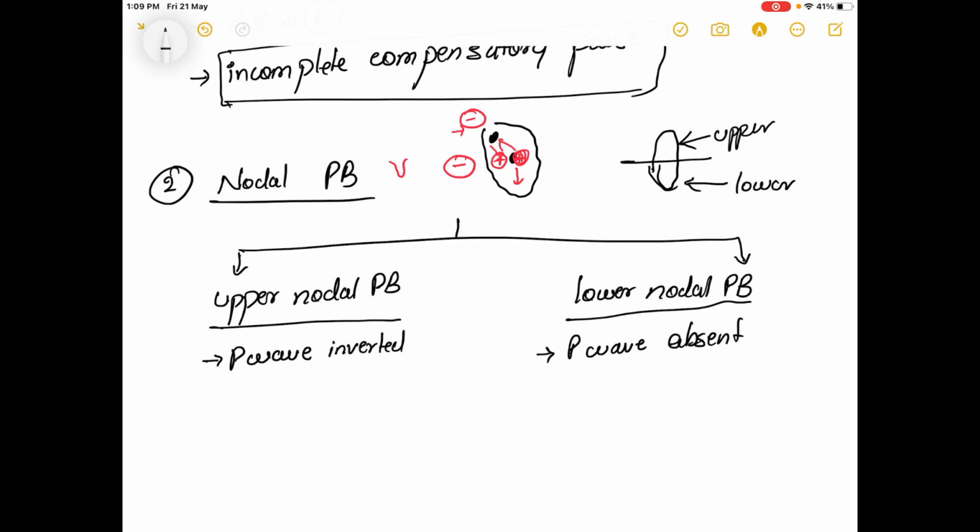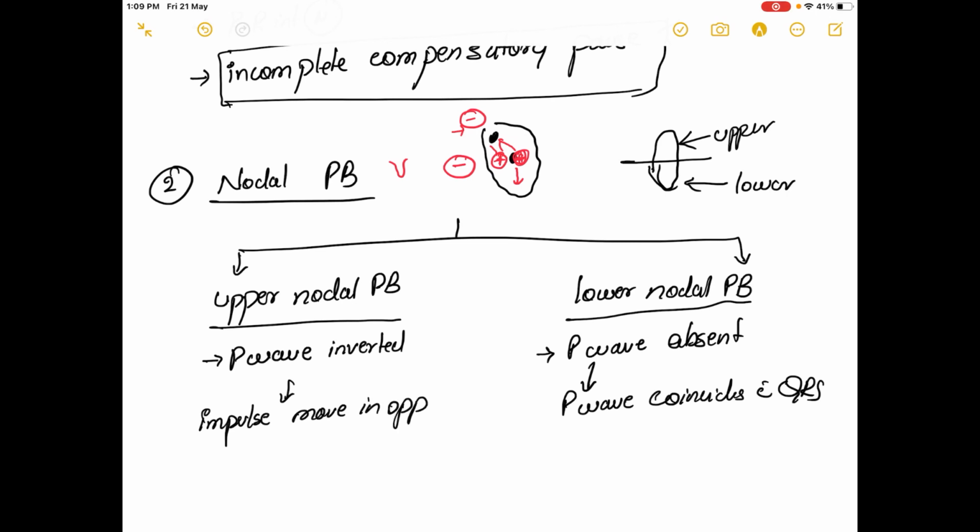Since the time taken for the ventricular activity and atrial activity is almost the same, the P wave coincides with the QRS complex, so the P wave is absent. Whereas here, the impulses move in the opposite direction, so you get an inverted P wave.